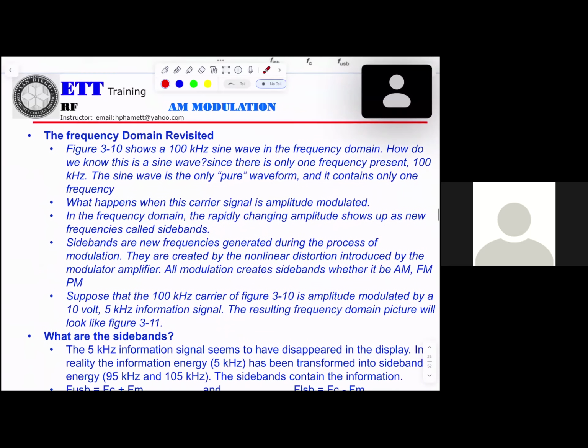Frequency domain. The figure above shows a 100K carrier in the frequency domain. How do we know this is a carrier? Since there is only one frequency present, 100K.